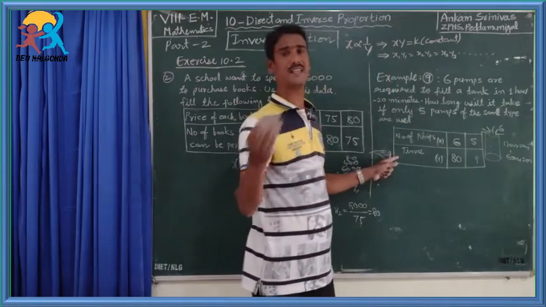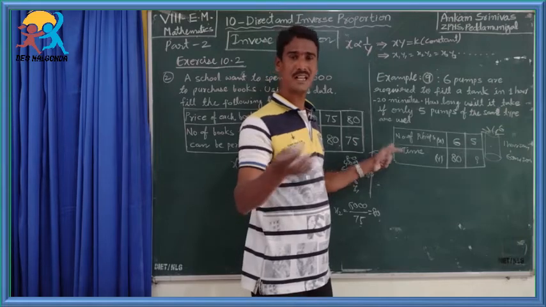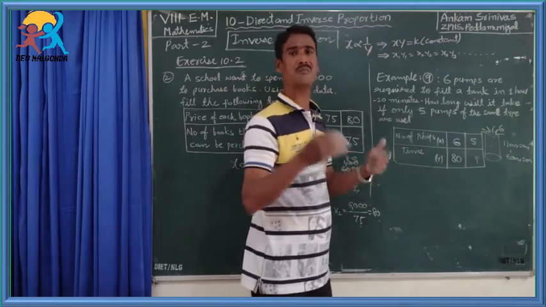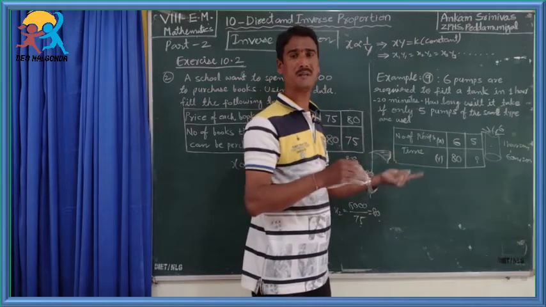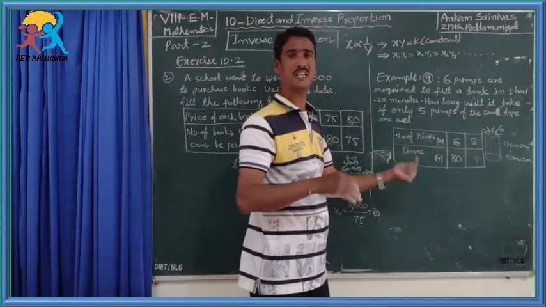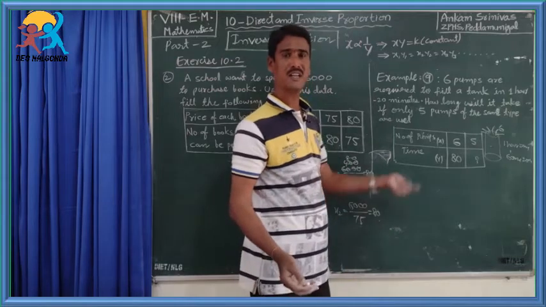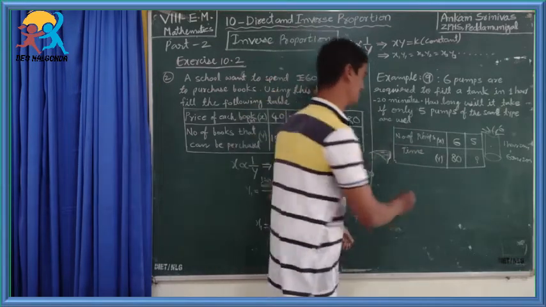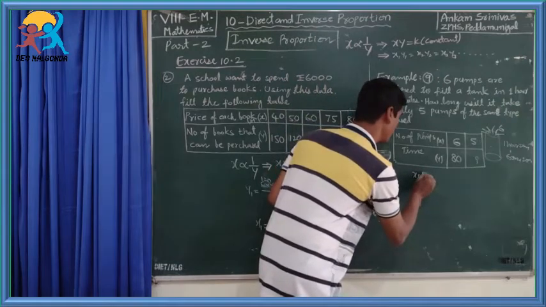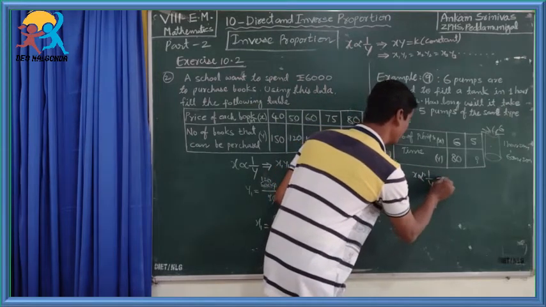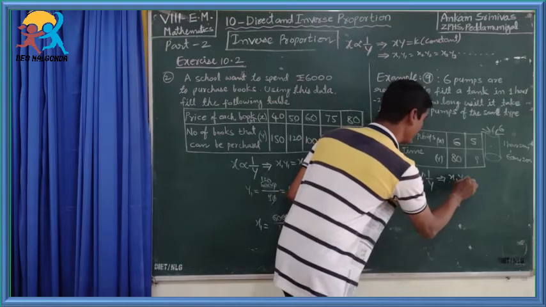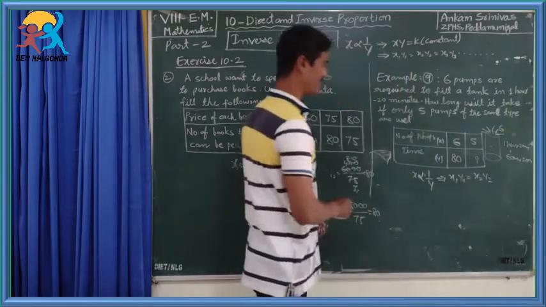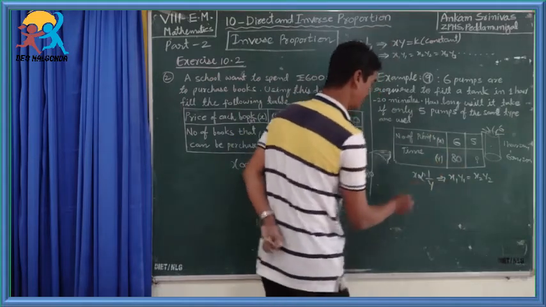Time will increase, because fewer pumps on the tank will take more time. More pumps on the tank will take less time. So the two quantities are inversely proportional. So x inversely proportional to y implies x1 y1 equals x2 y2. That means the products are equal.